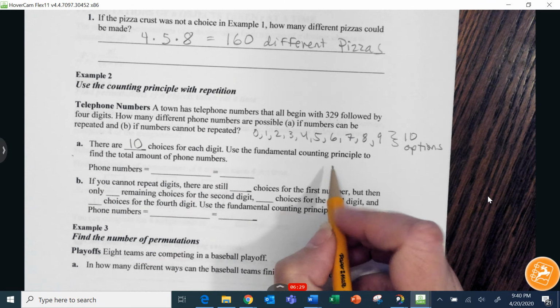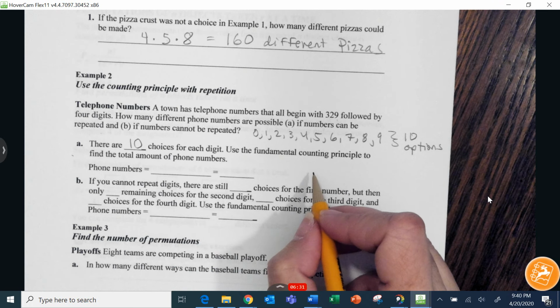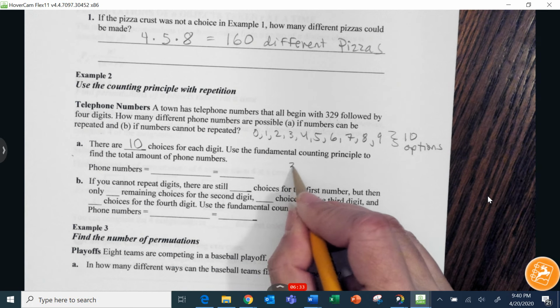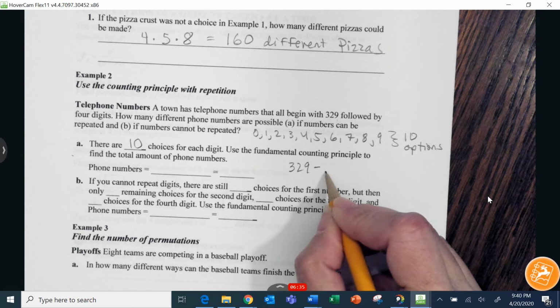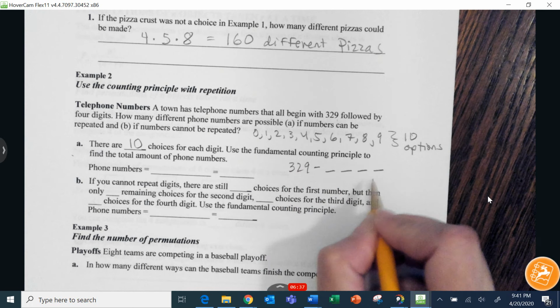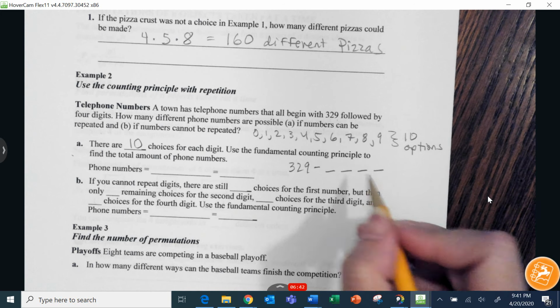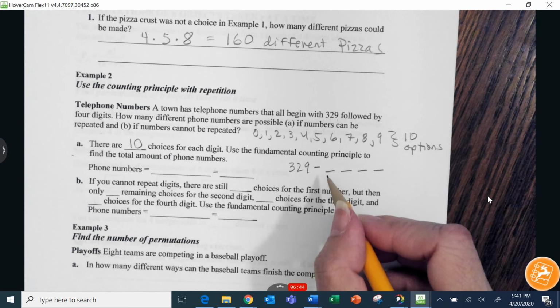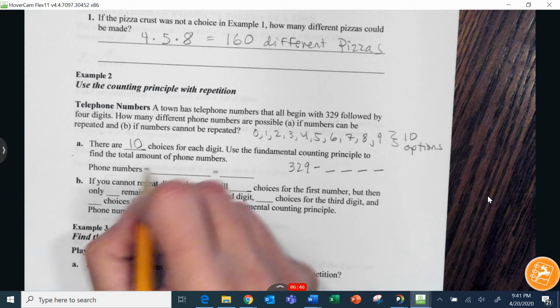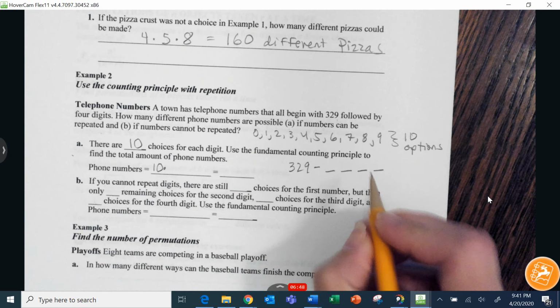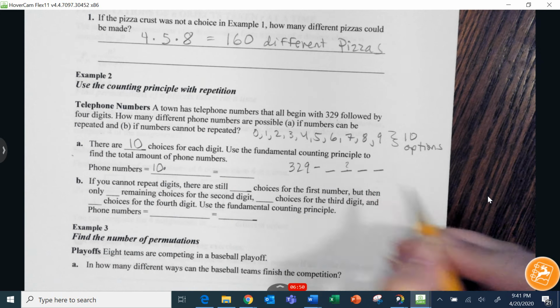So we have 4 different digits, and for the phone number, it would be 329, then 1, 2, 3, 4, so 4 different places to put these numbers, and order matters. In the first one, we have 10 different numbers to choose from. We're going to multiply that by how many choices we have in the second place.